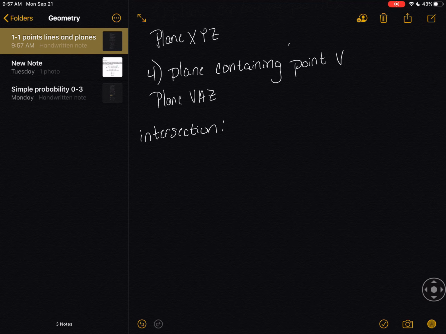So an intersection is when 2 or more figures intersect. The intersection of 2 or more geometric figures is the set of points that they have in common.